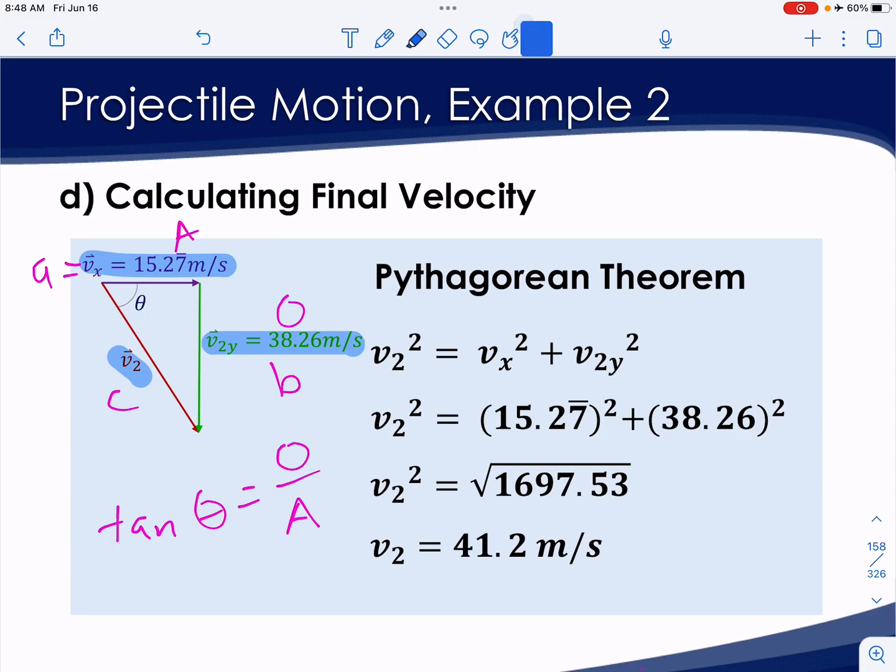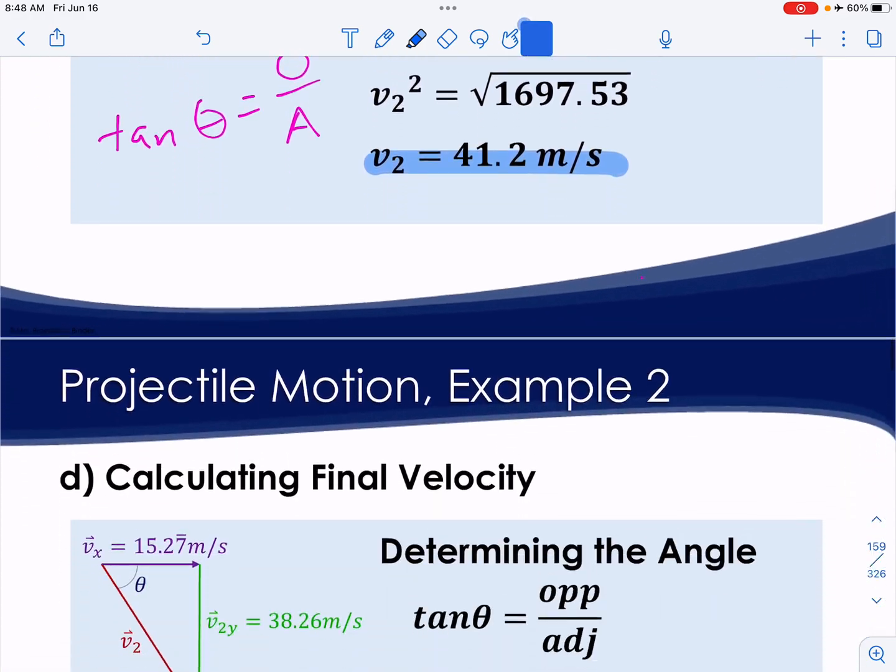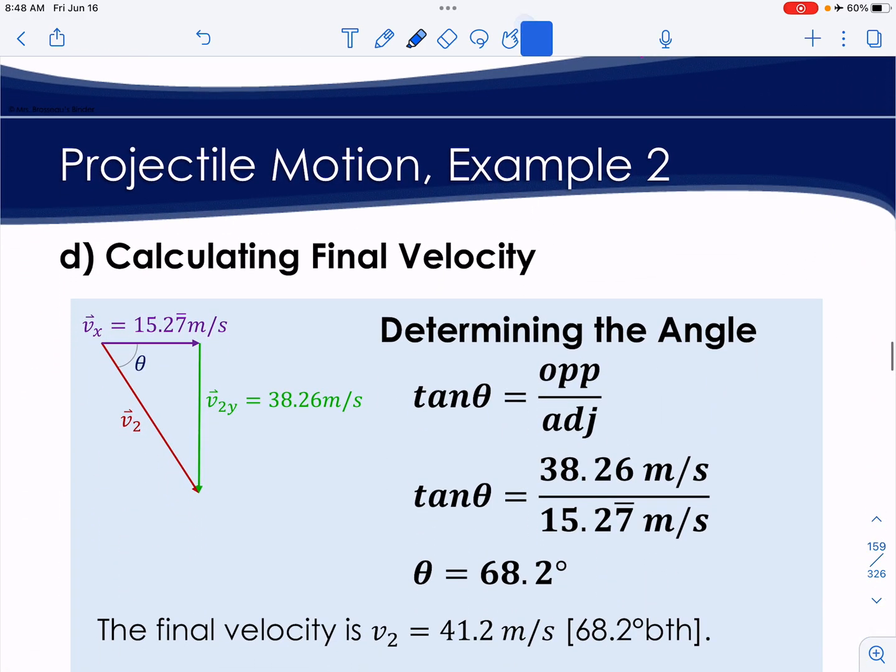Or we could say Vx squared plus V2y squared equals V2 squared. We put those values in and you end up with a value of 41.2. And that makes sense because that's going to be a little bit larger than the other two values. Then we use our TOA, or tangent equals opposite over adjacent, plug those values in, and you get 68.2.